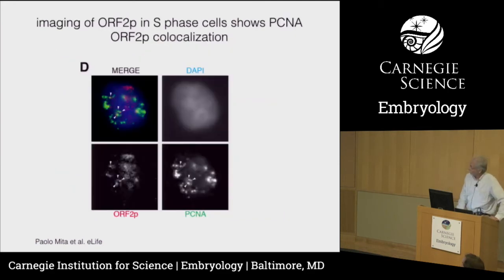And finally, in some cells that were arrested in the S phase, he could actually show that a subset of PCNA foci were associated with ORF2 protein, again putting these two complexes in the same place at the same time in S phase.